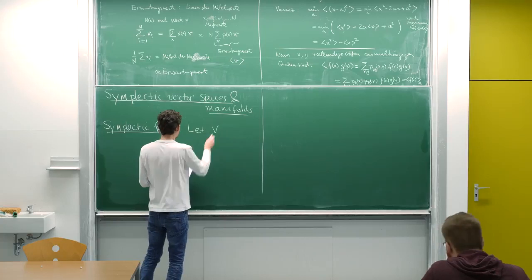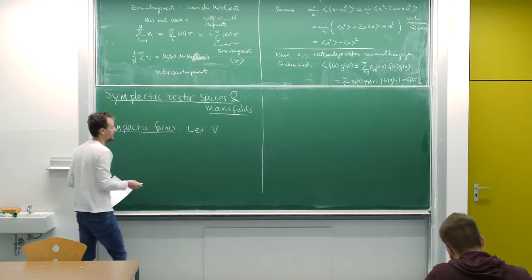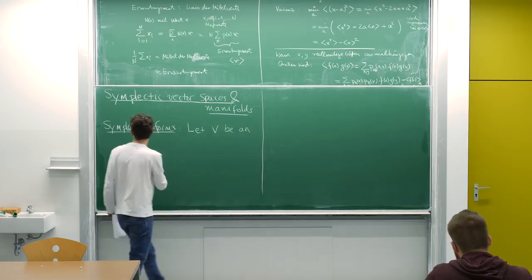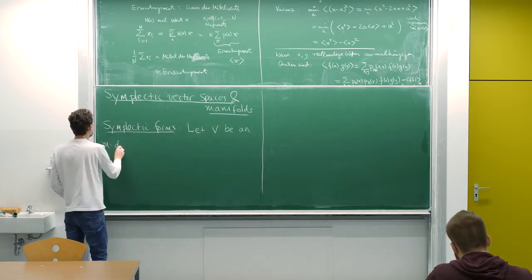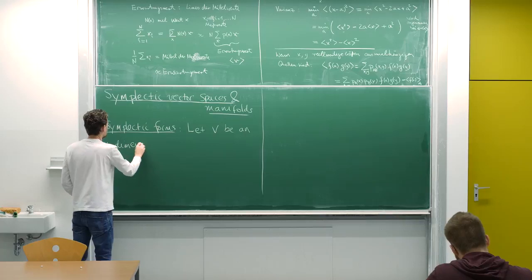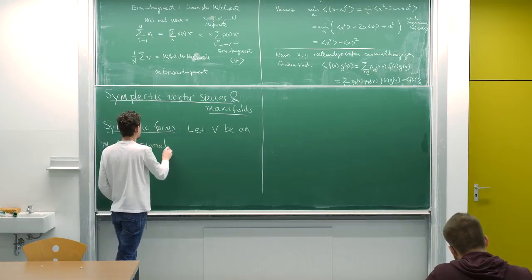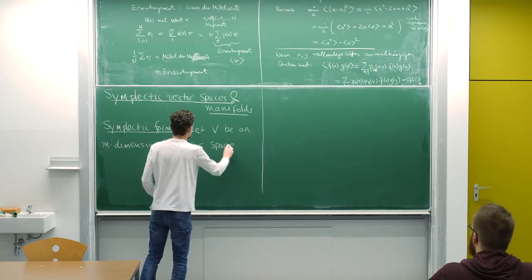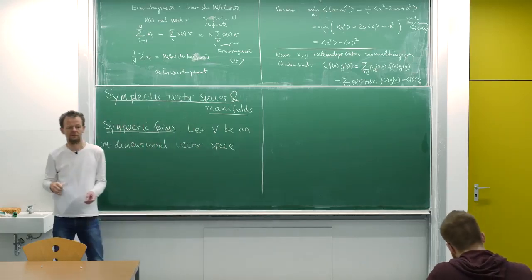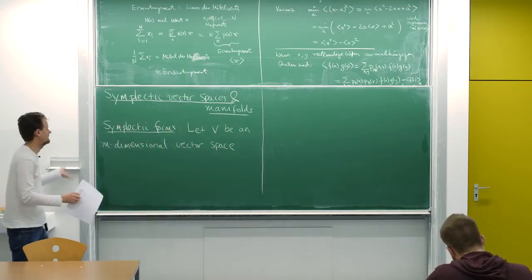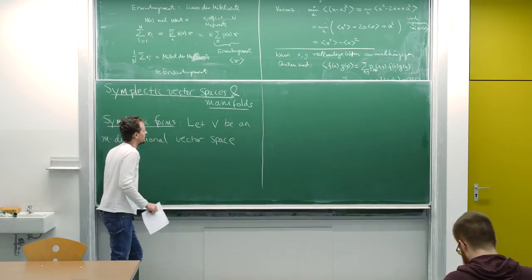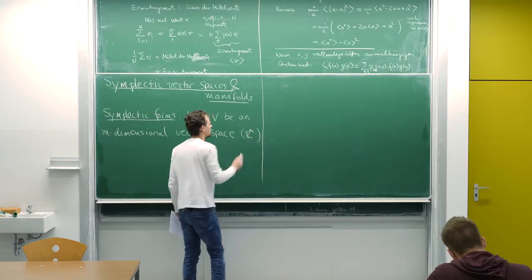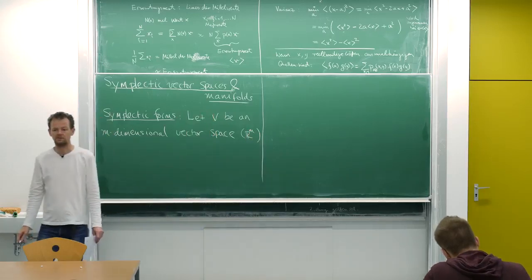So V in this discussion is going to be a finite dimensional vector space. So how hard can this be? V is just naturally isomorphic to the real numbers, Cartesian product m times.